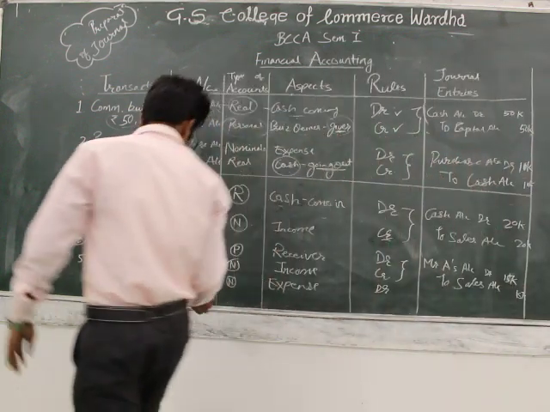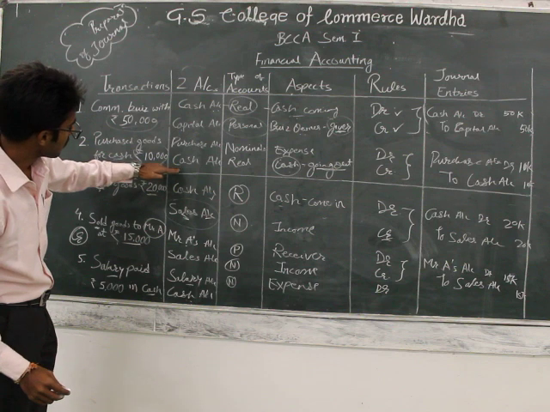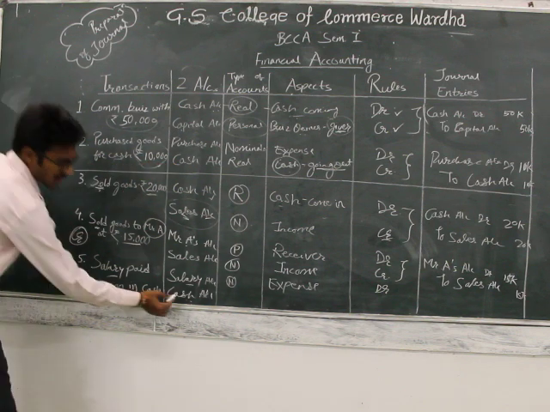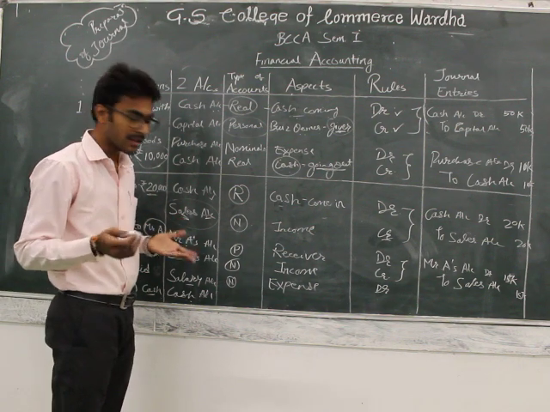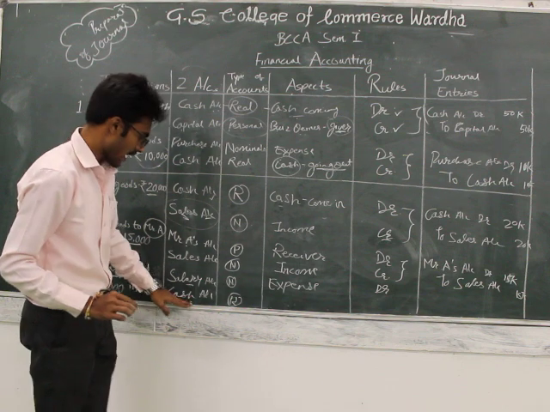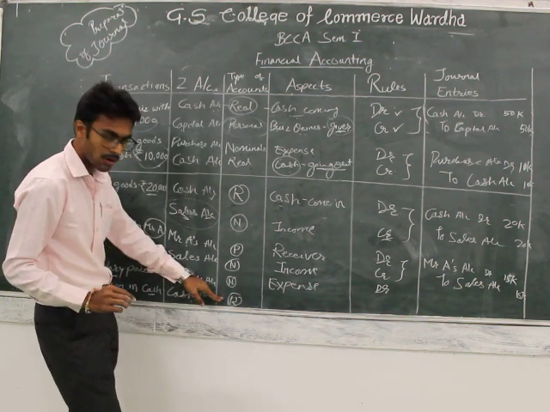And the same logic for cash, which we used in transaction number 2. Cash is a real account. Why? That one is an asset for me, hence it is a real account.